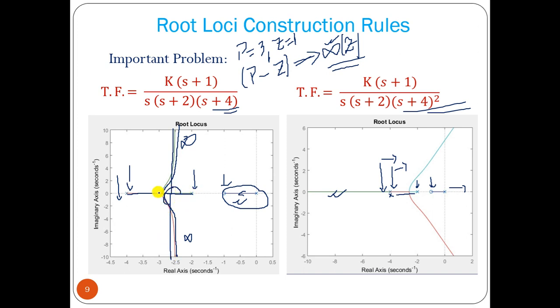So this pole comes here, breaks away, and at almost a 90-degree angle it should go to infinity zero. This pole comes here, breaks away, and it should go at a 270-degree angle with respect to the real axis, to the infinity zero.